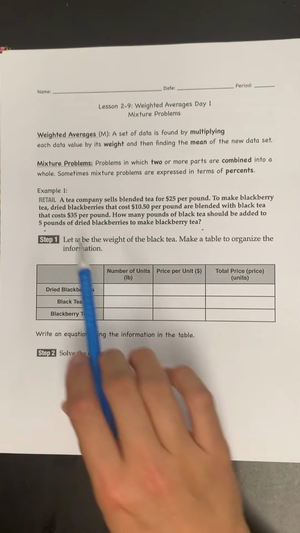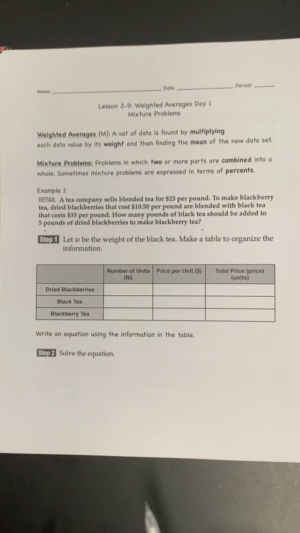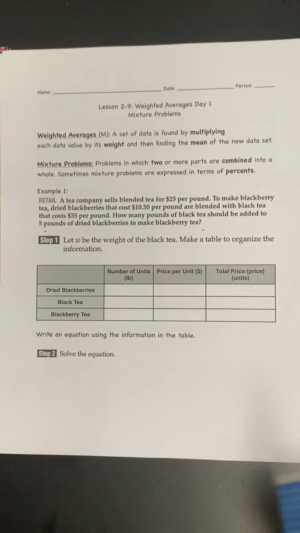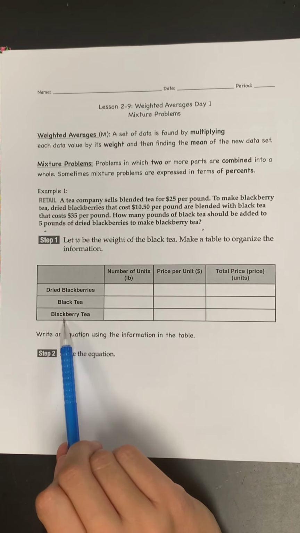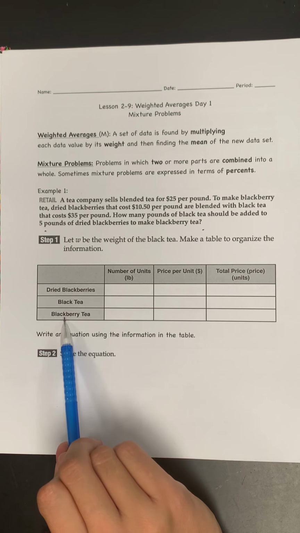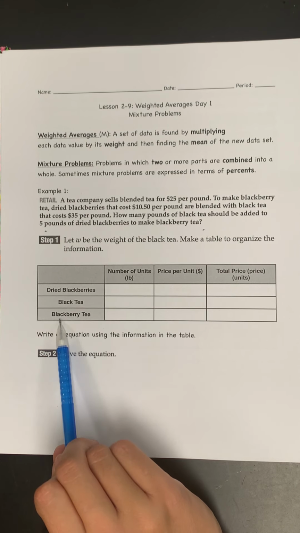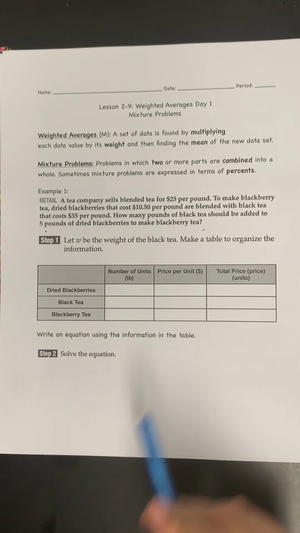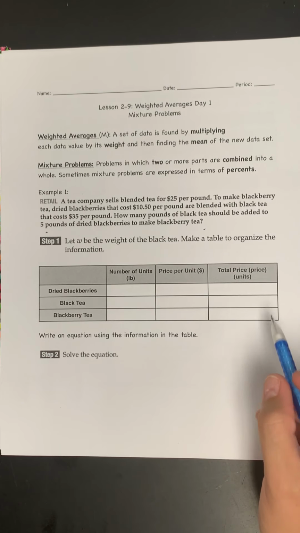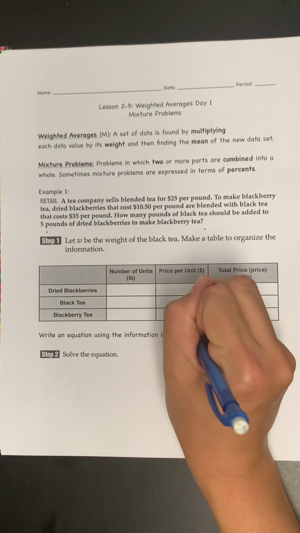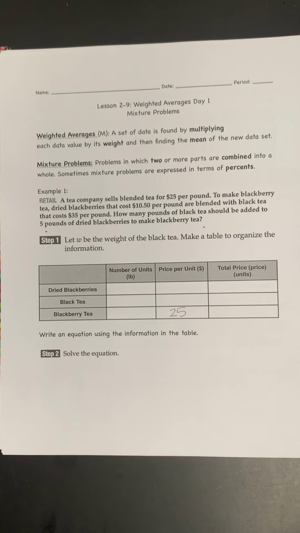If we look at the first sentence, it's telling me that this tea company is selling the blended tea for $25 a pound, okay? So remember, my last row that I have here is my blended tea. Since it's $25 per pound, I'm going to put 25 in that box right there.